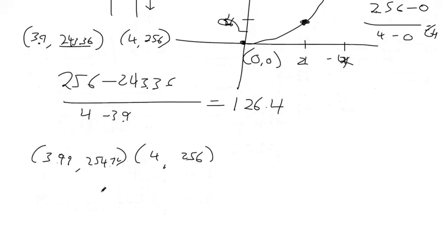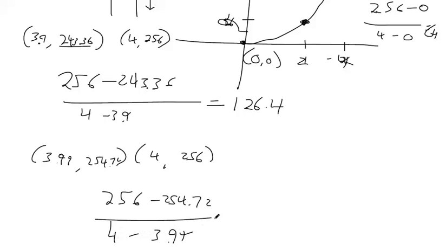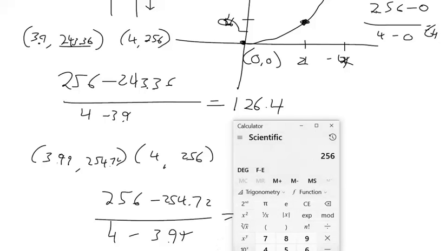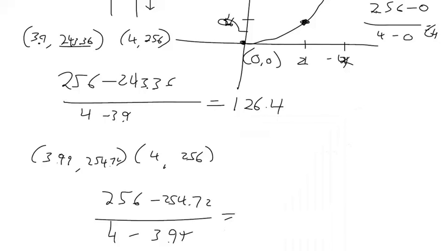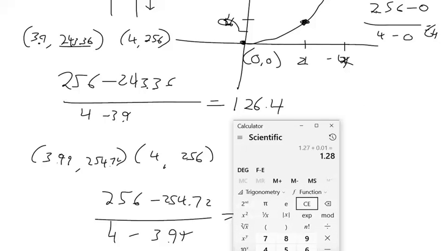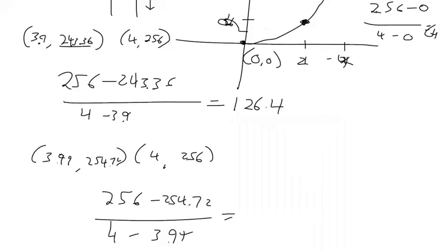And now if you recalculate the slope between these 2 points, that's going to be 128. Wait a second, shouldn't be on the nose. Oh, it is. Okay, because of rounding. Okay, that's 128. So we got 128.